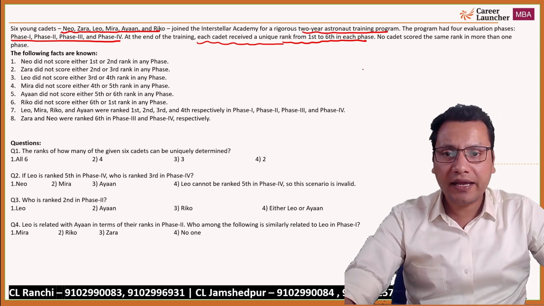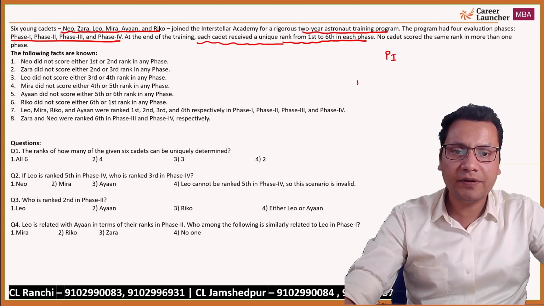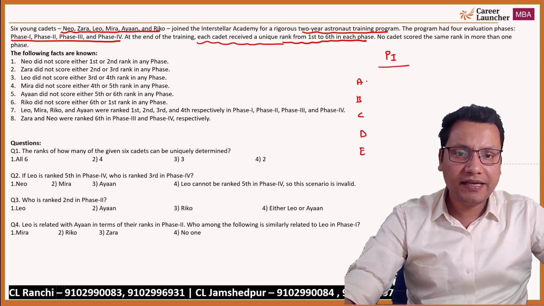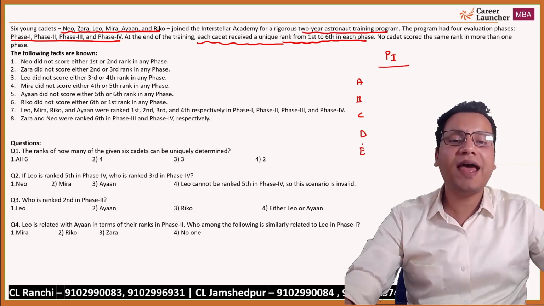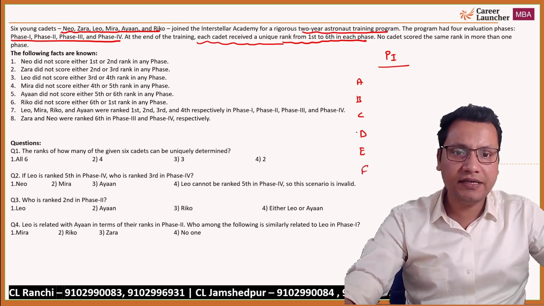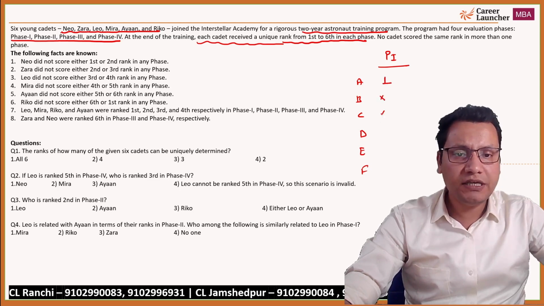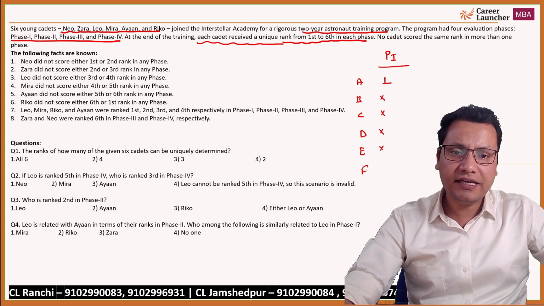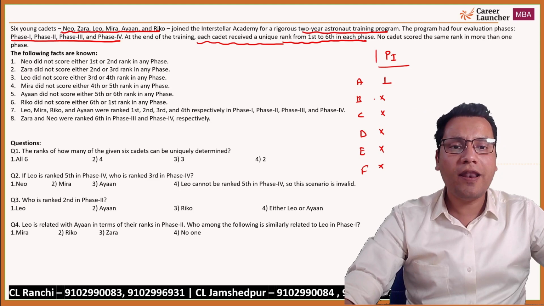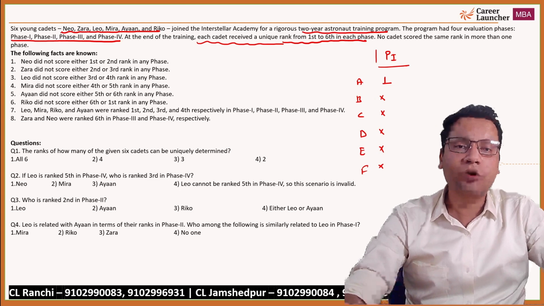That means, let's say in phase 1, there are people A, B, C, D, E and F, who will have unique ranks from 1 to 6. So if 1 is with A, 1 cannot be with B, C, D, E or F. That means in the same column the same rank cannot repeat, which is again a kind of Sudoku type of puzzle.